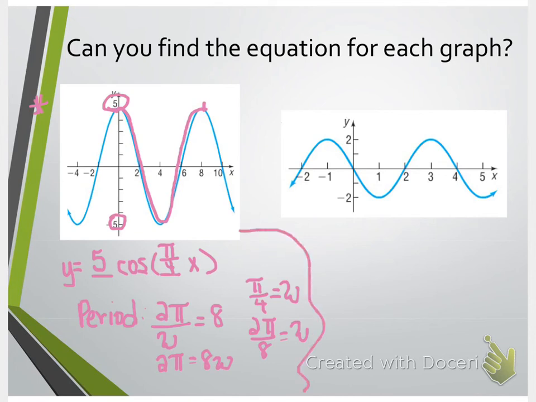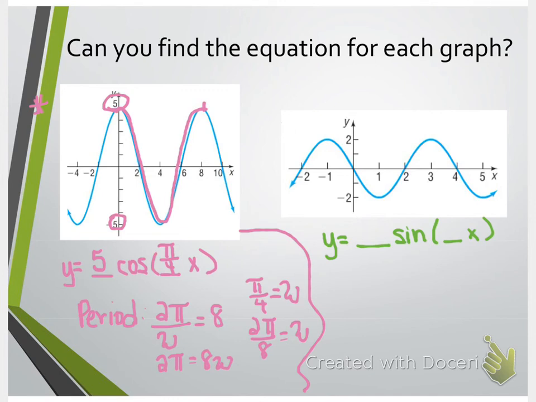Okay, let's do it again. Let's change colors. Let's try green. This one starts at 0, 0. Since we haven't done phase shifts and we've only looked at sine and cosine, this one's going to be a sine function. So y equals something sine of something x.